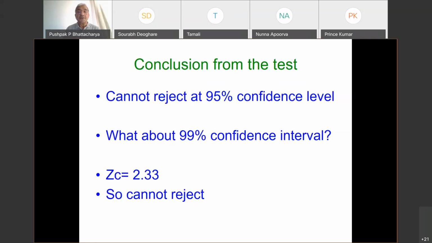Okay. What about 99% confidence interval? Z critical should be 2.58, and again 1.33 is in the region minus 2.58 to plus 2.58. So again, we cannot reject the null hypothesis.